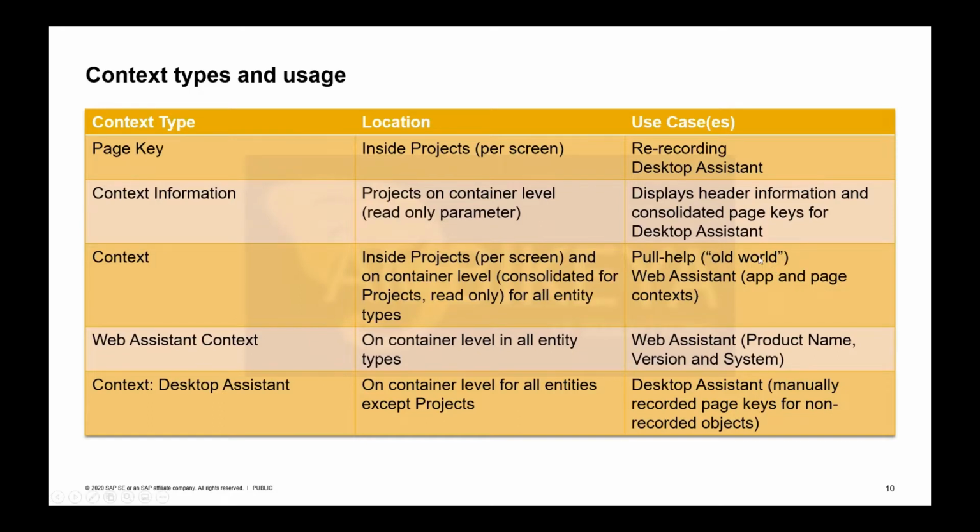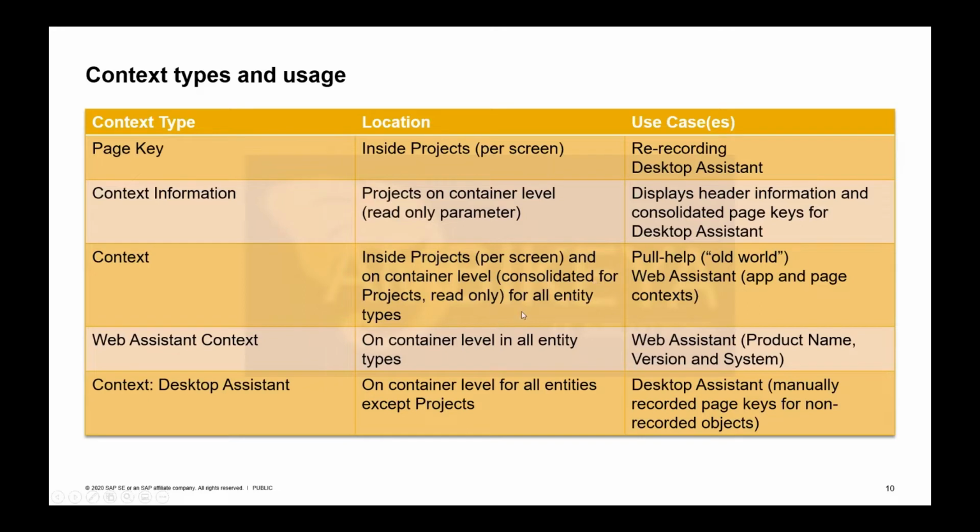That's an important part. And it lives in both dimensions inside project, again per screen, so it has the same idea that the page key has, but it's displayed a bit differently. I'm going to show you in a second how. And on container level as well, which is also a consolidation. And for all non-recorded entities, everything which is not a project, it's there as well, but it does not consolidate anything.